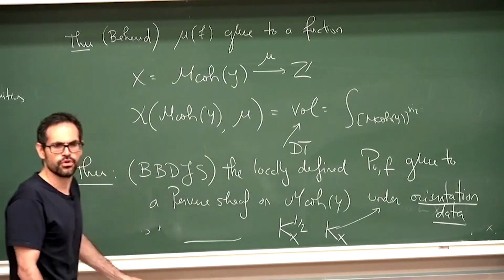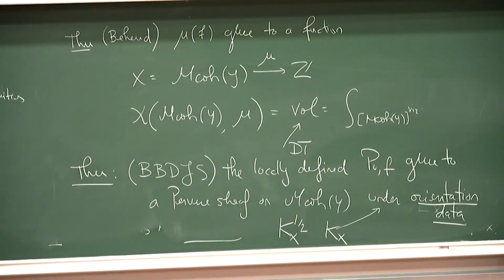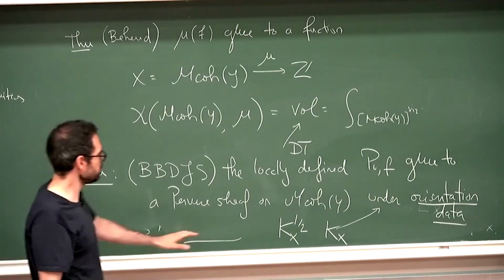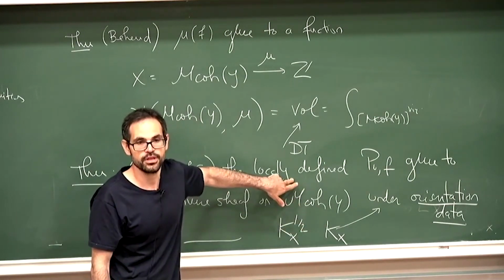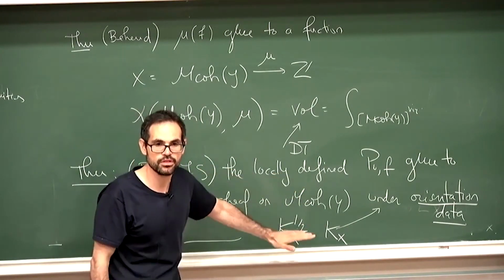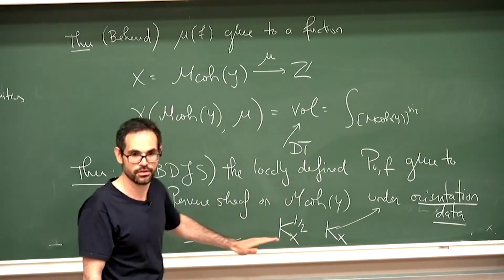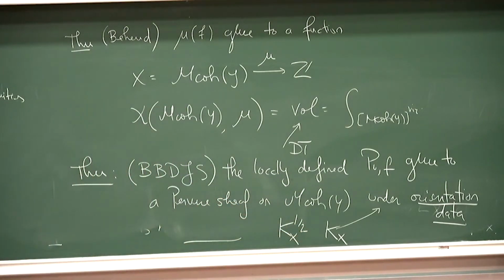I thought Joyce had a theorem saying that it always exists in the Calabi-Yau threefold. Yes, it's true, but I don't need it here. I'm just telling you that there is something necessary to patch these moduli spaces. I'm not discussing the existence of this necessary thing. Okay? I don't understand their theorem.